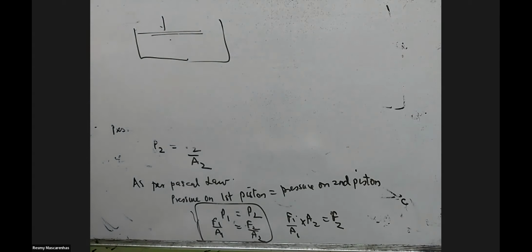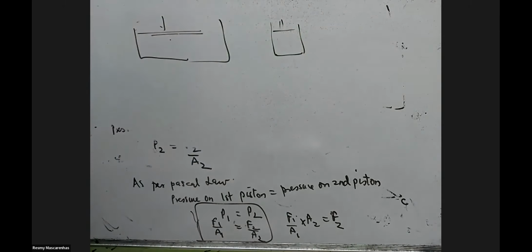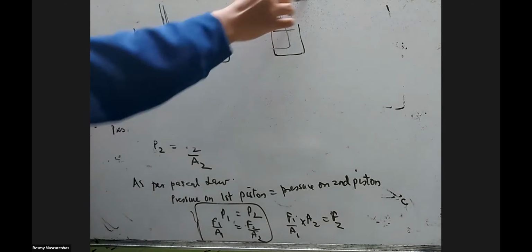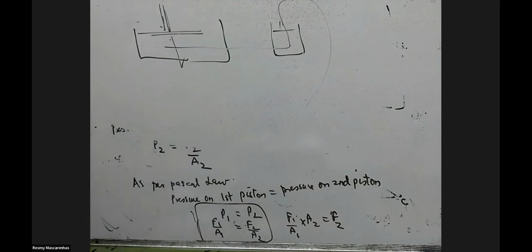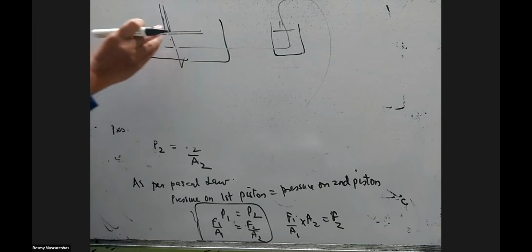Too much force you'll have to apply to push the piston down. Imagine if it was the opposite. So much pressure you would have to put to push this piston down, and this liquid will overflow from this side. That's why you always keep the lesser area on the side where you're applying the force. Whatever small force you apply, even with the smaller area, the pressure will be high.